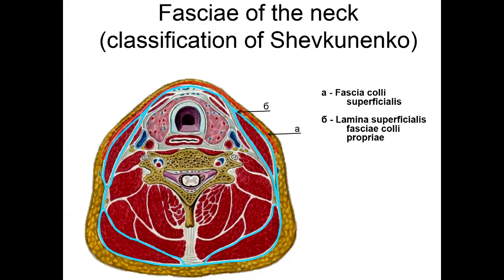What are they? Letter B in Russian demonstrates lamina superficialis fascia colli propria. And these two muscles, which are covered by the colored sheet, are musculus sternocleidomastoidus, here it is, and musculus trapezius.